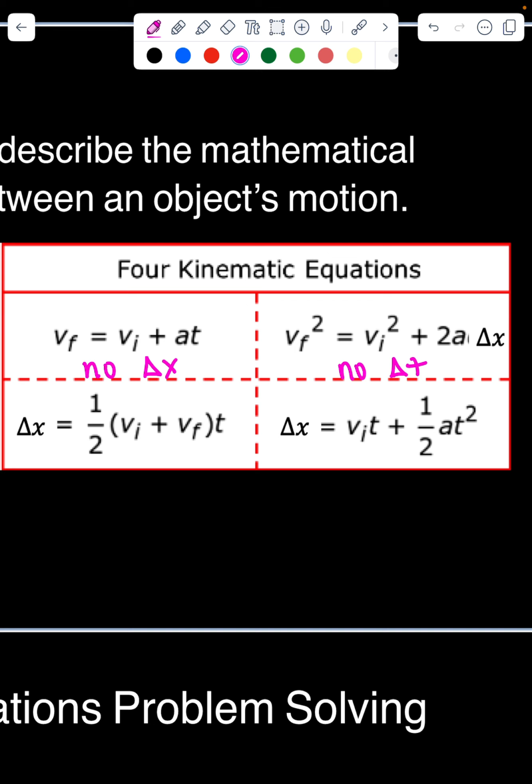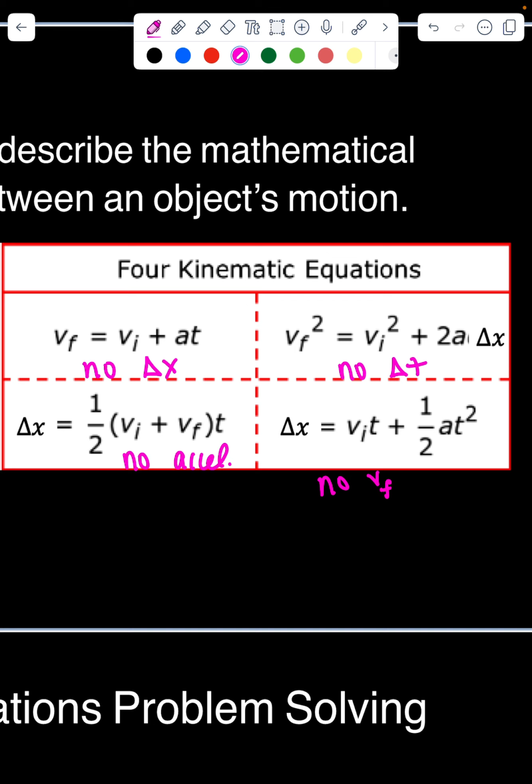On our bottom left, we have displacement, V initial, V final, and our time interval. There is no acceleration here, so we would use this if we were not given acceleration. And then our last one, we have delta x equal to initial velocity times time plus one half acceleration times time squared. What we are missing here is our final velocity.